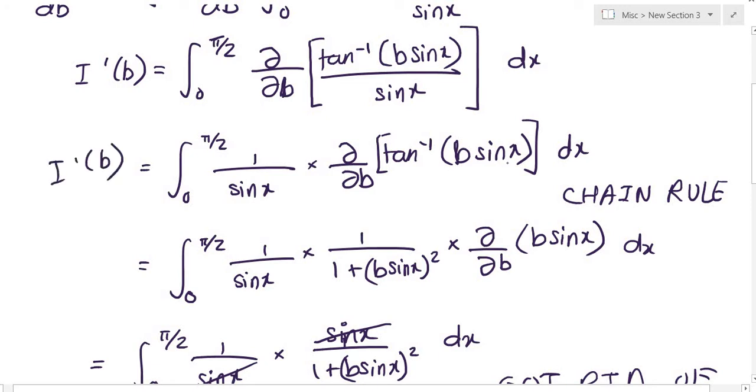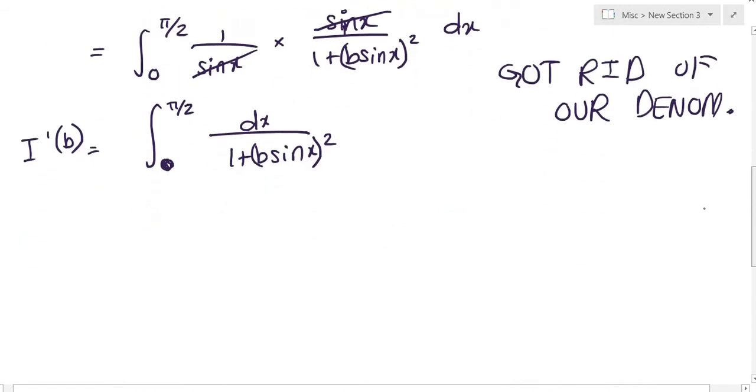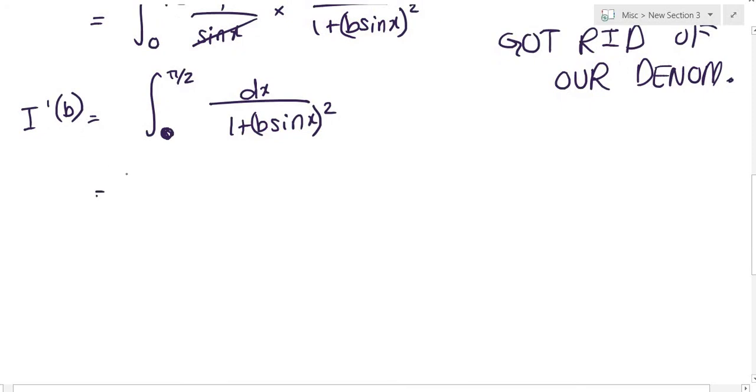I prime of b all along. So we can actually simplify everything further by calculating this integral. And the funny part is, to find a derivative of I of b, we need to integrate. So that's sort of an irony here, but that's how advanced calculus works.